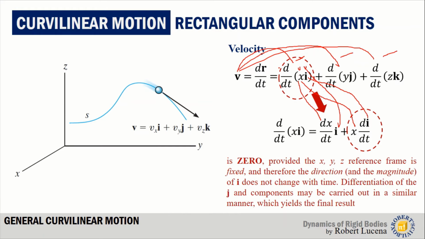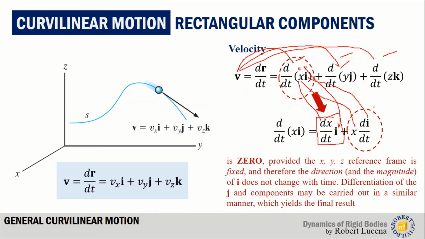What remains on the expansion of this term is only this term, the dx over dt times i. Now if you perform the same thing on this, what remains would be the dy over dt times j, because the dj over dt would be 0.